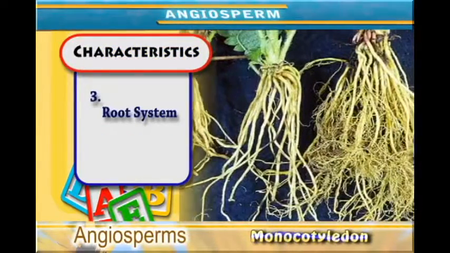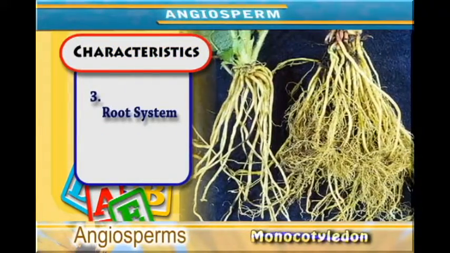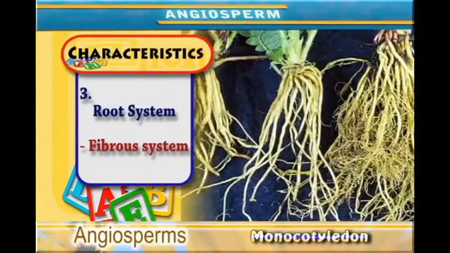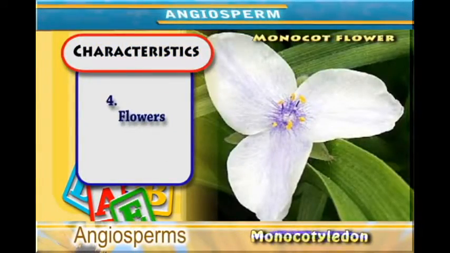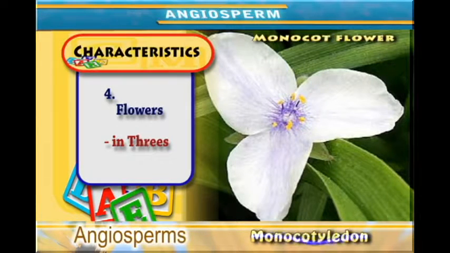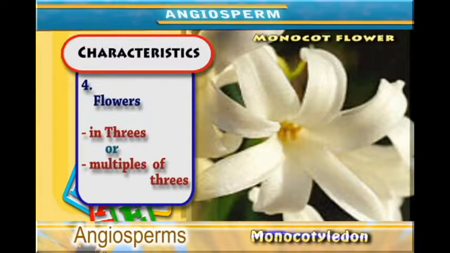Their root system is mainly made up of fibrous roots. They have flowers in threes or multiples of three.